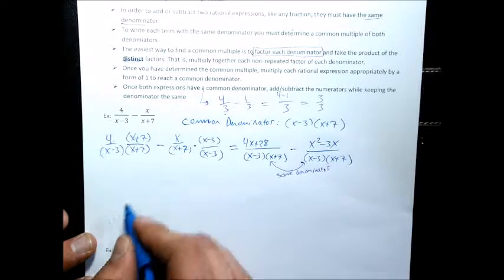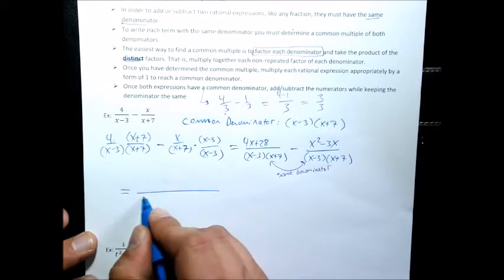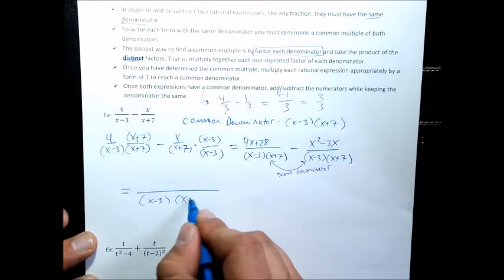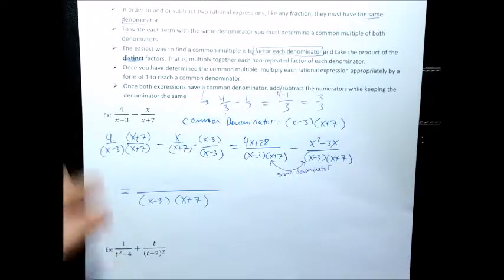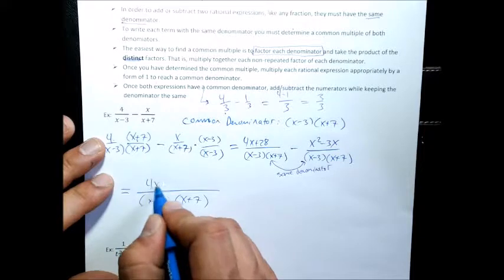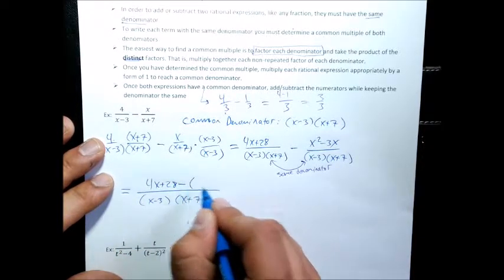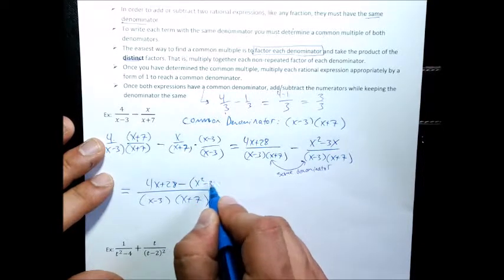Okay, so now we're ready to do the subtraction, right? So we keep the denominator the same. We just leave it x minus 3, x plus 7. And we're going to do the subtraction. I'm just going to combine them first. We've got the 4x plus 28. And then we've got minus x squared minus 3x.